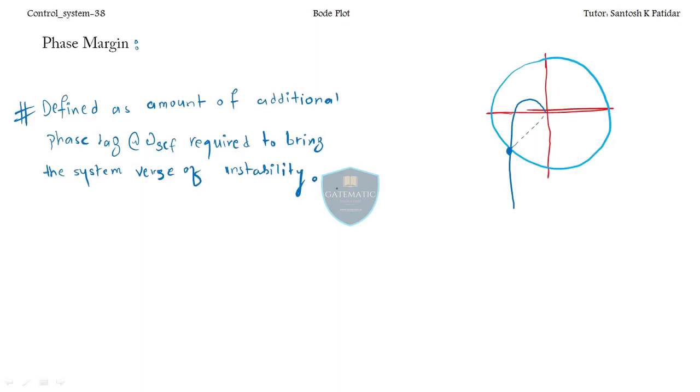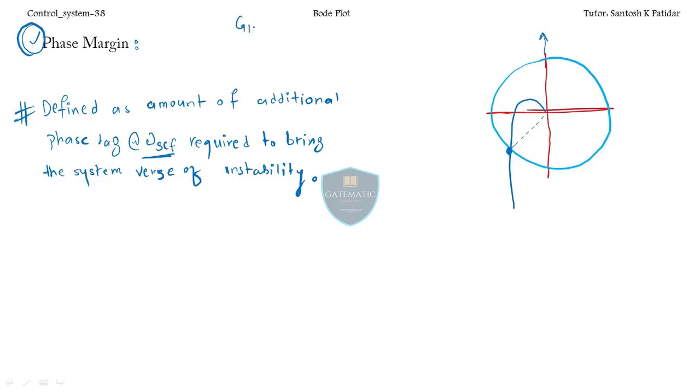So come over here. Again the diagram is same. Earlier we discussed about this. The phase margin is defined as the amount of additional phase lag at omega GCF. Now what is the omega GCF? If you remember, the gain margin we calculated for the omega PCF.